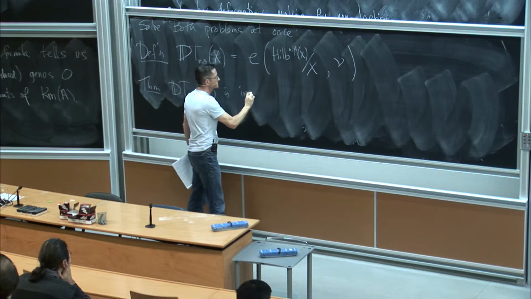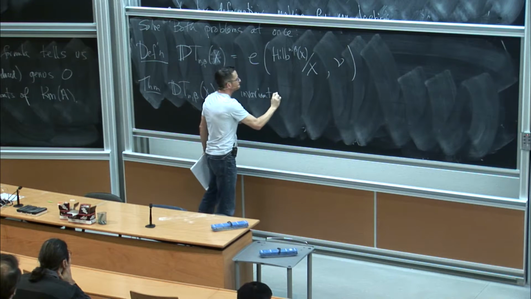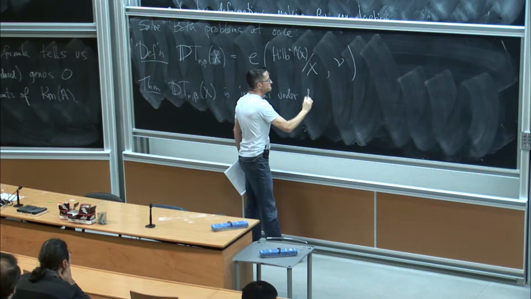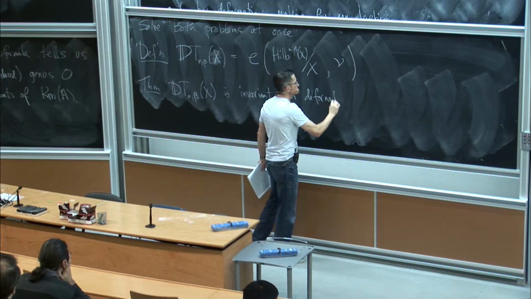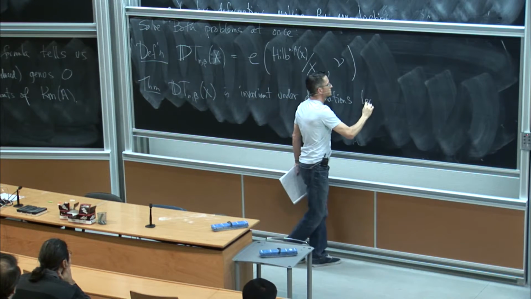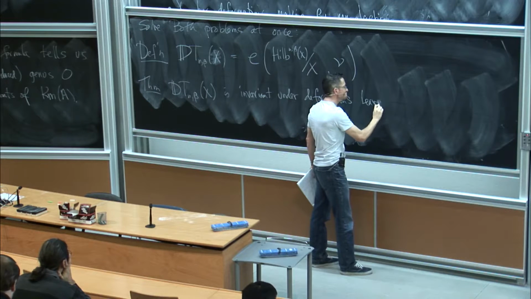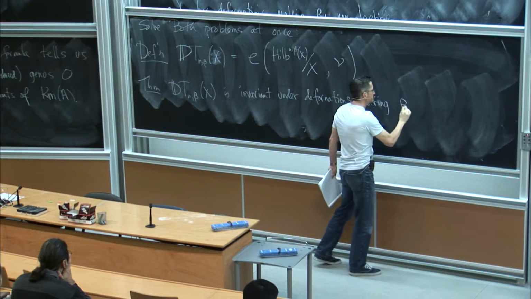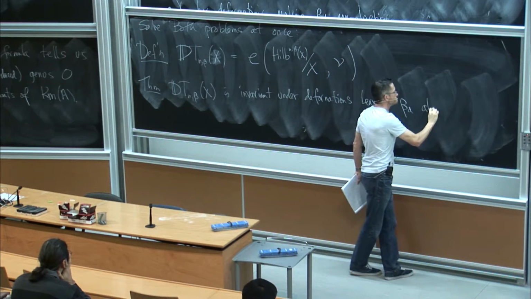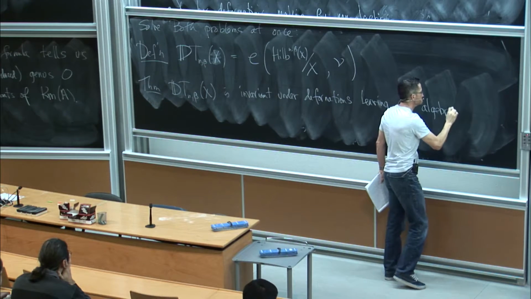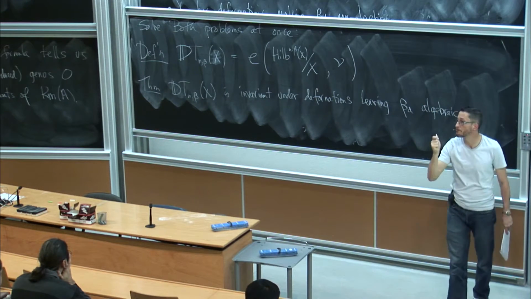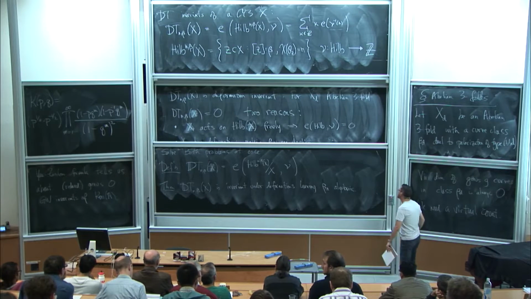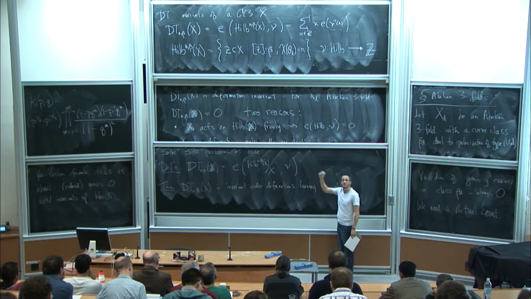So it's invariant under deformations which leave this beta_D algebraic. So you restrict yourselves to the deformations that preserve the (p,p) type of beta_D.